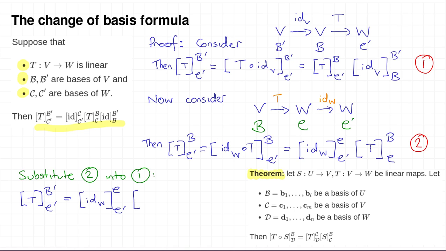And then I have the matrix of T with respect to initial basis B and final basis C. And then I've got the last part of equation 1, which is the matrix of the identity on V with respect to initial basis B prime and final basis B. That is the change of basis formula, so we are finished.